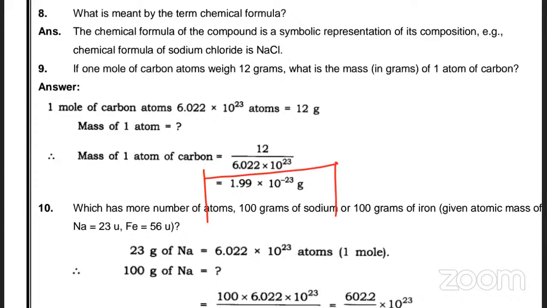Hence, we'll get 1.99 into 10 to the power minus 23 grams as the mass of one atom of carbon. Okay, thank you. This will be coming in the denominator, so you have to put it 10 to the minus 23. Please note the answer of 8 and 9.